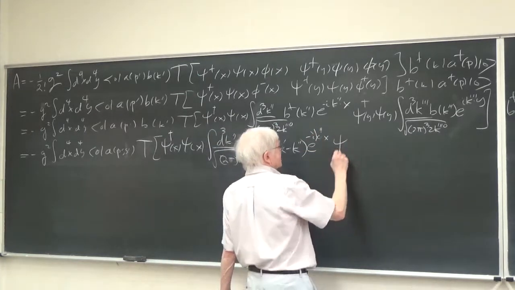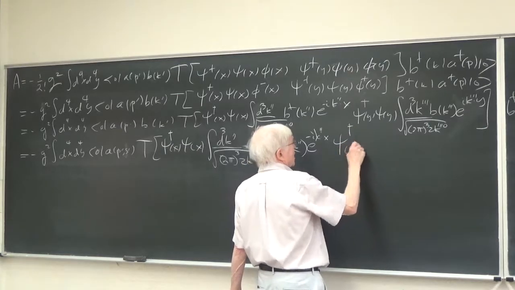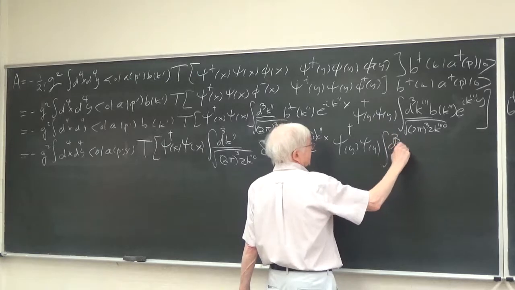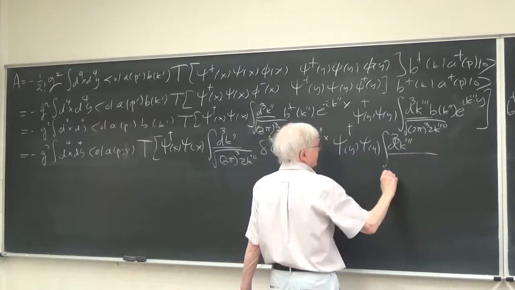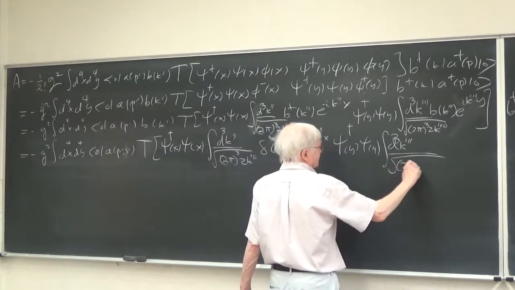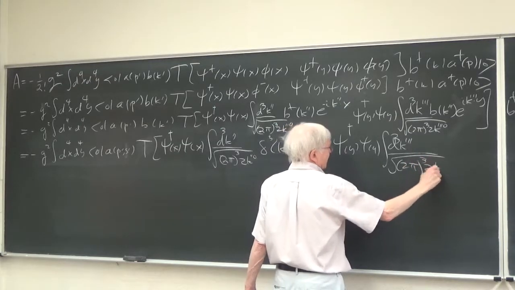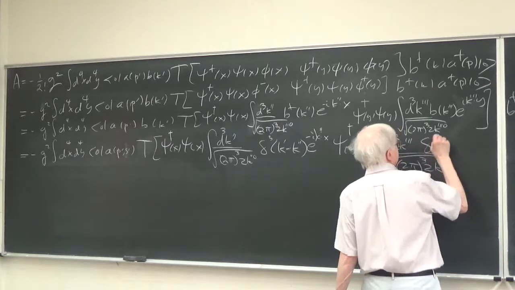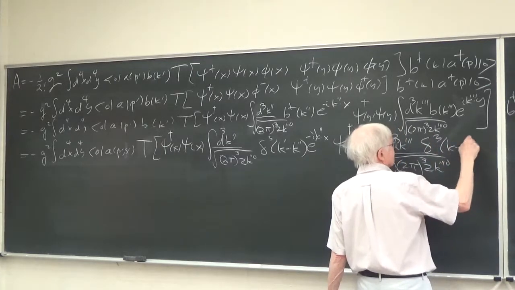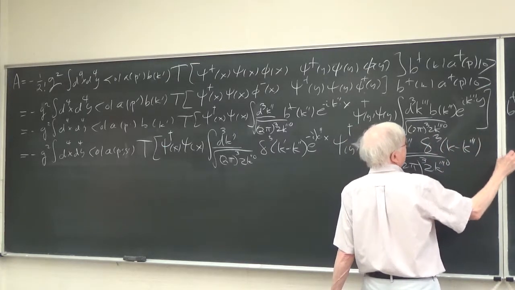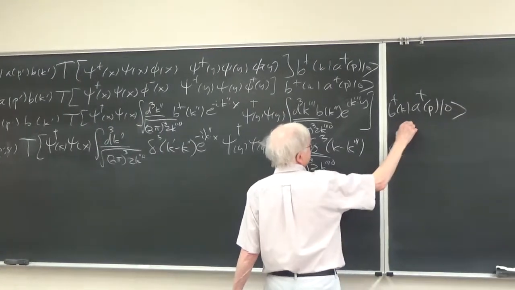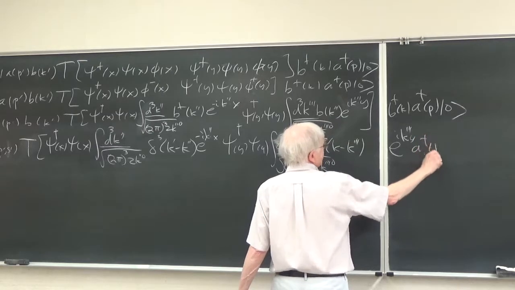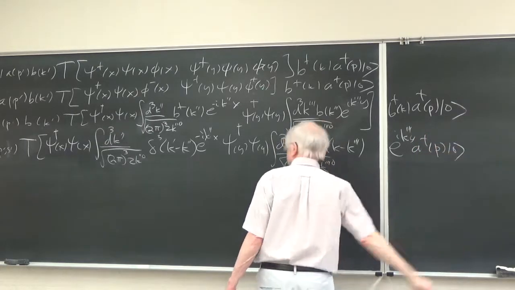And then we have psi dagger of y, psi of y, integral d cubed k triple prime root 2 pi cubed 2k triple prime 0, delta cubed of k minus k triple prime, e to the i k triple prime dot y, a dagger of p, 0.